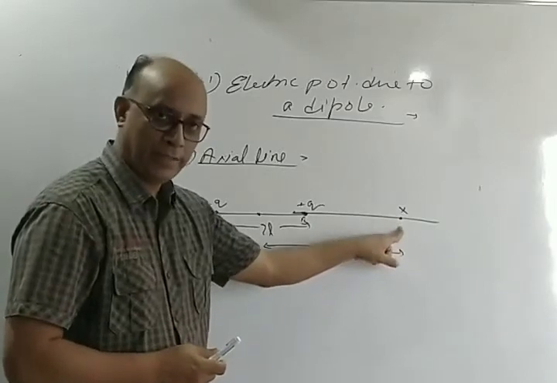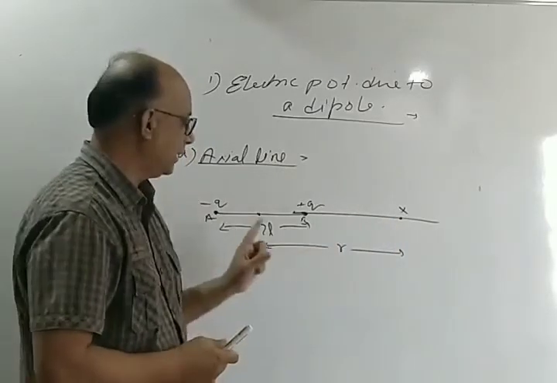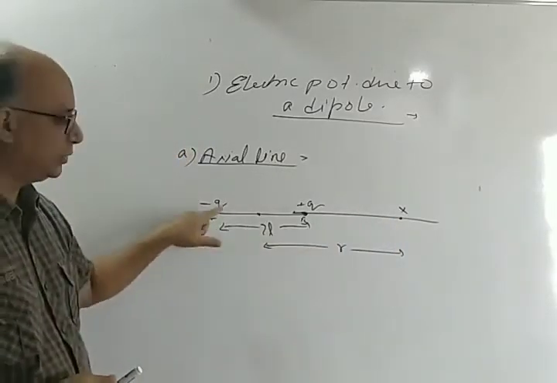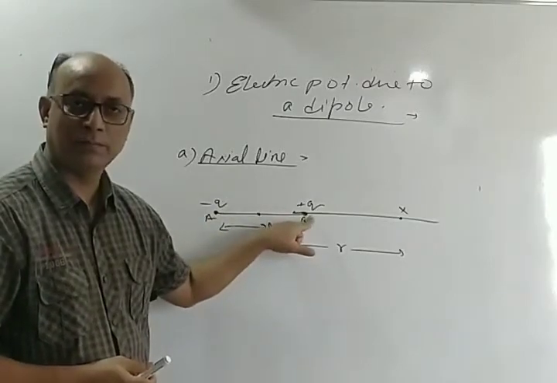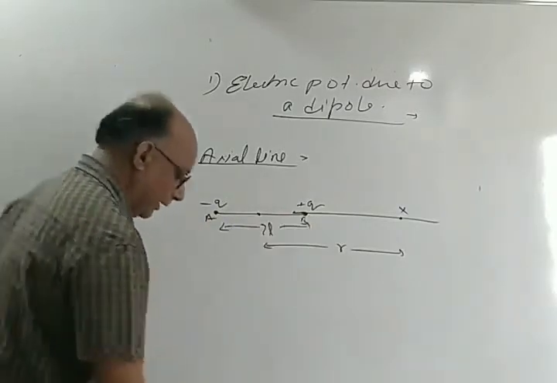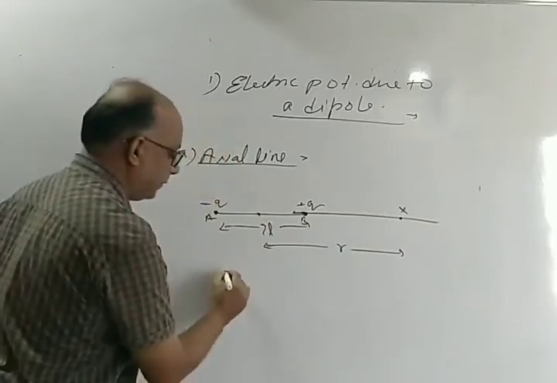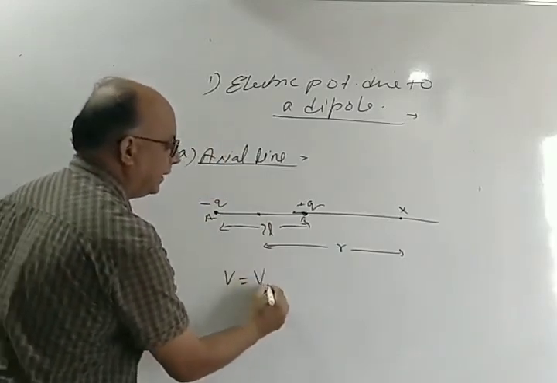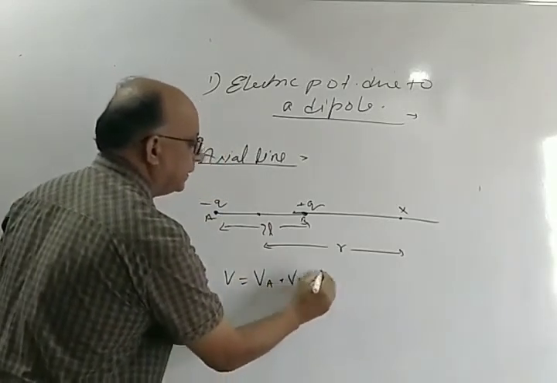So, at point X there are two electric potentials. One electric potential is due to this minus q charge and one electric potential is due to this plus q charge. So the net electric potential V is VA plus VB.